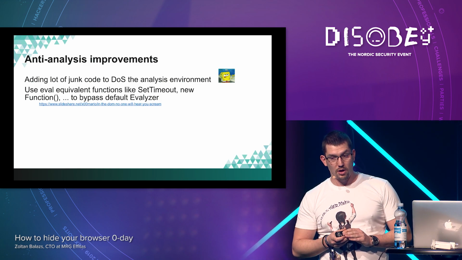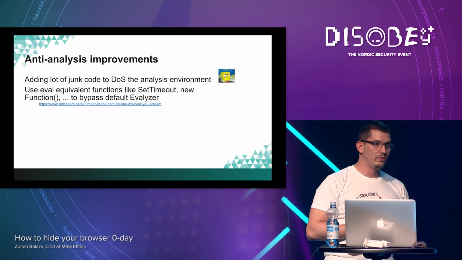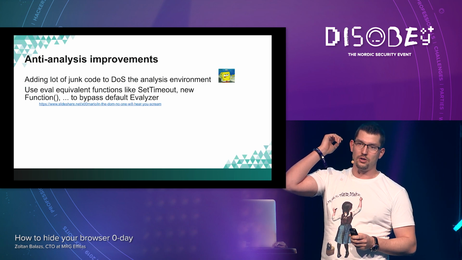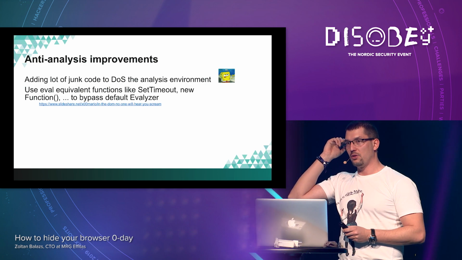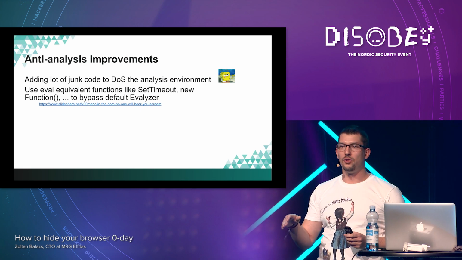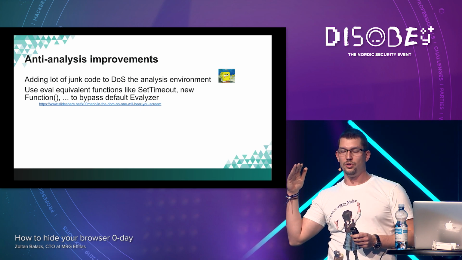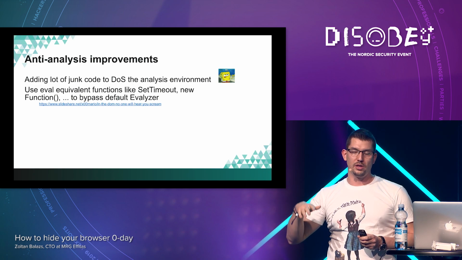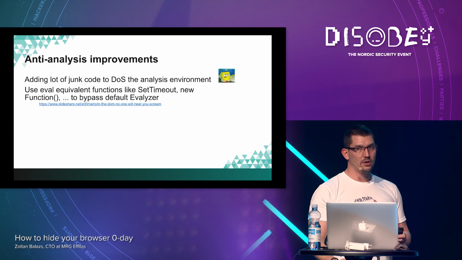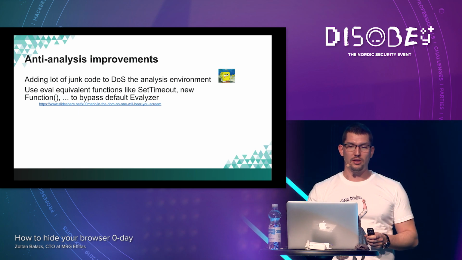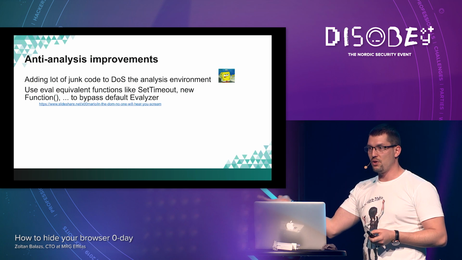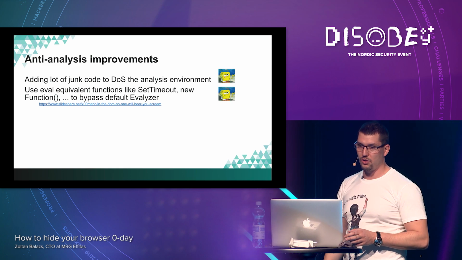And from a defensive point of view, that's bad, because the Evaluator tool I showed you can only use fixed functions. Like, I know that the attacker will use eval, so I hook on eval, and then I can log the calls of eval. But if the attacker uses any other JavaScript function call, then they will just miss the exploit code.